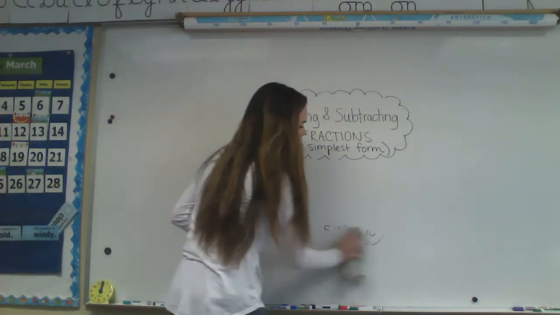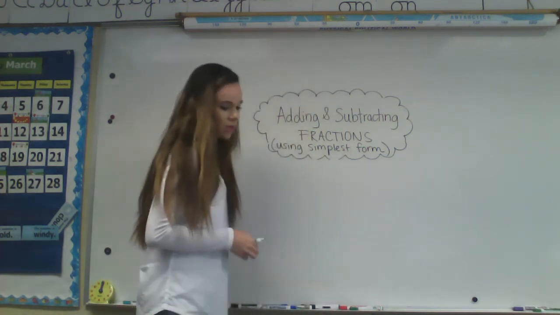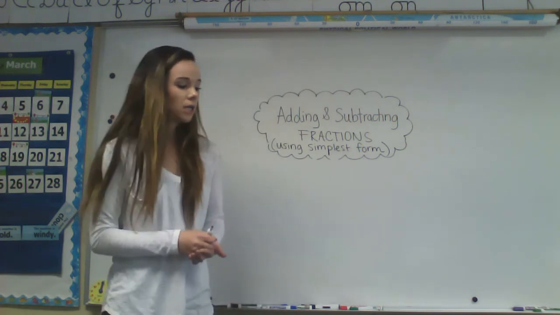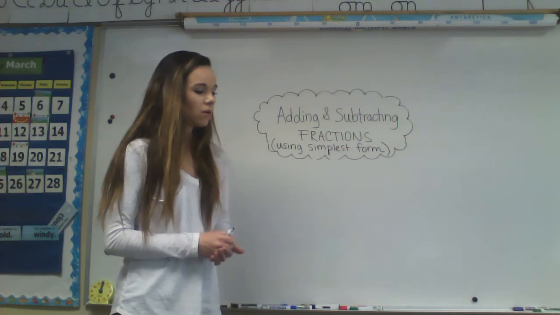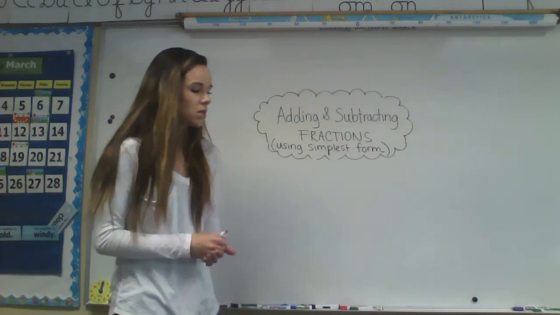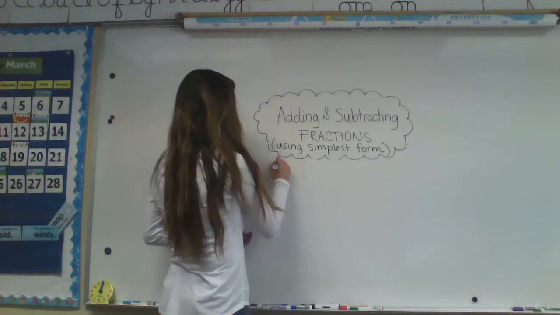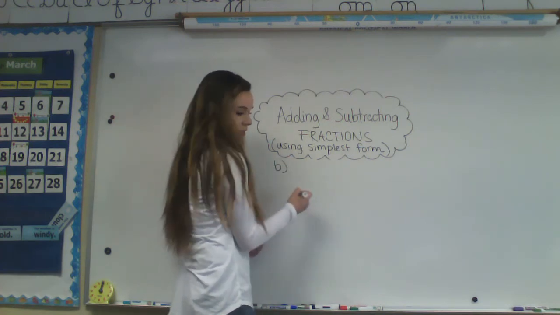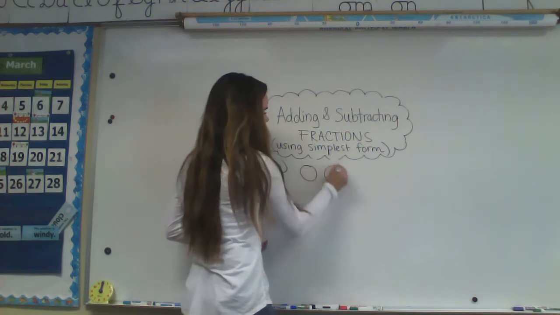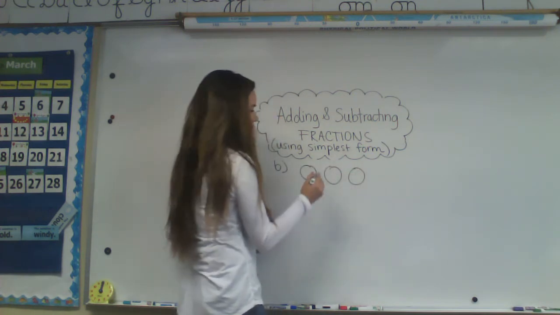And you're going to do the same thing with those other problems. On page 117, we're dealing with money. And it's asking you to write the amount of money that's shown and then write the amount as a fraction of $1. So on problem B, I'm going to show you guys how to do that. Problem B on page 117, you see these 3 quarters. Hopefully you can tell that they're quarters.